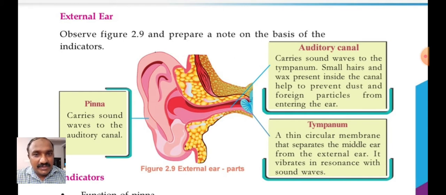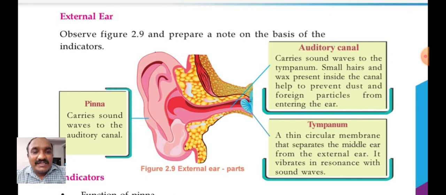Second part, auditory canal. And the third part, tympanum. You have to learn to pronounce pinna, auditory canal and tympanum. Pinna means this part, the outer part of the ear that we can see outside.